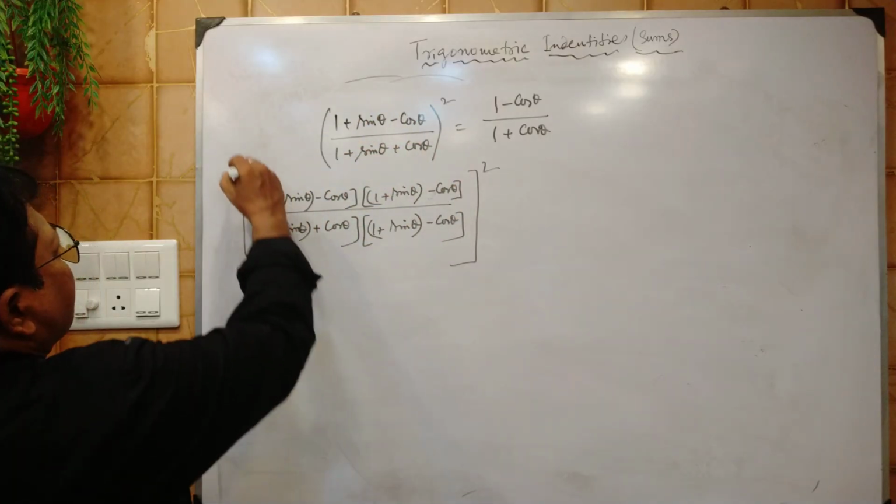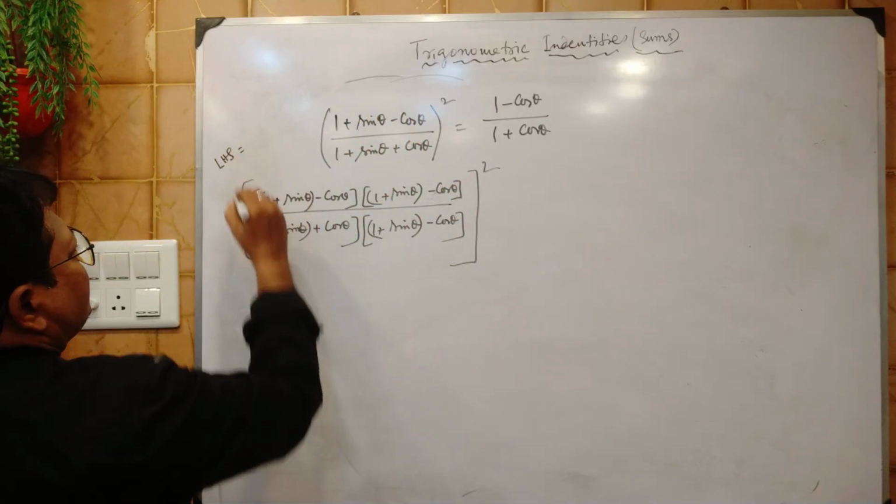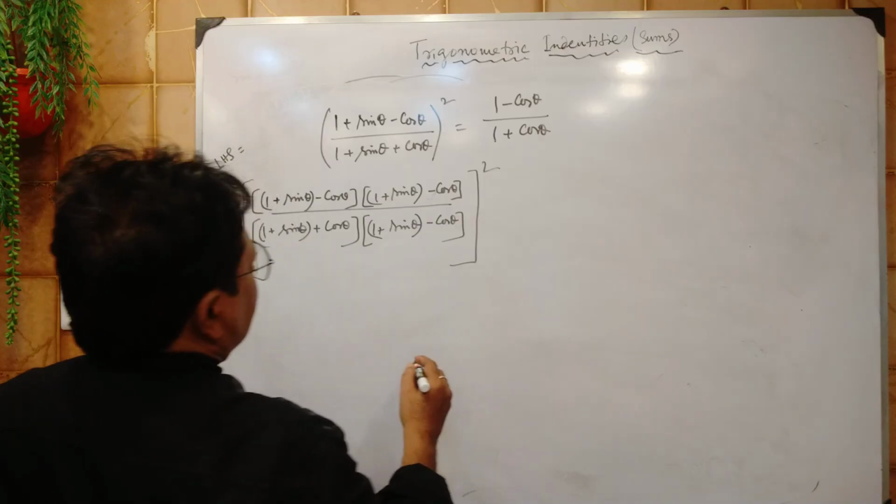Here it is square given, so it is the left hand side. So it is a big one.